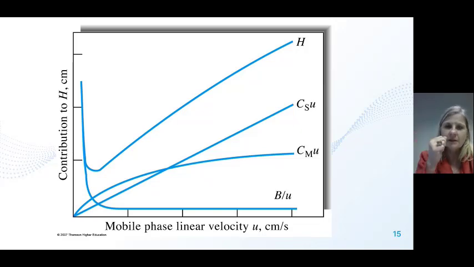And the increase in the plot is once again because of those two mass transfer terms. So what is important is to play around with flow rate to get the most efficient separation.